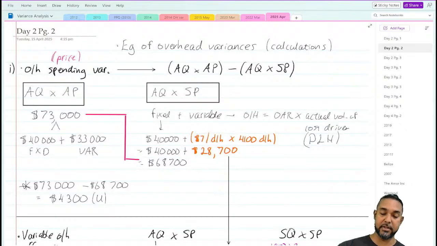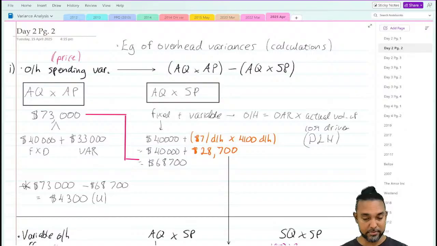But when we compare that 68.7 to the 73 we actually incurred, we actually spent more than we were supposed to. It seems the variable overhead is the culprit, because we were supposed to incur 28.7 but incurred 33. We don't know why, but the variance calculation is the starting point. The analysis is where you dig in and find out why. So that is the spending or price variance.